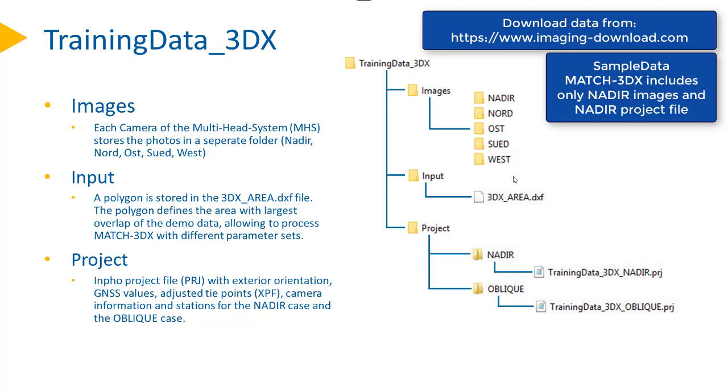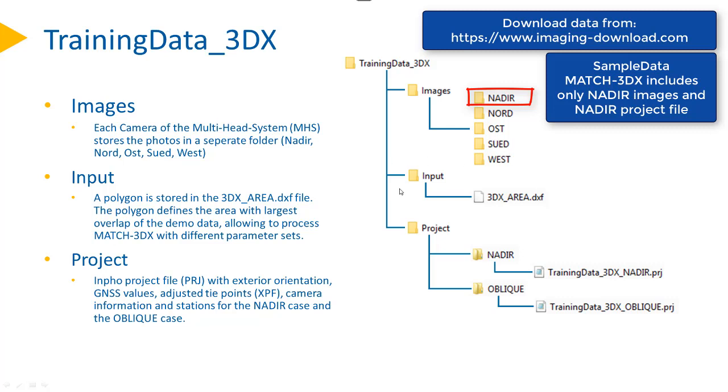The data structure from the demo data is looking this way. We have our images folder, and in the images folder we have for each camera, for the nadir camera, for the cameras looking to the north, to the east, to the south and to the west, each in separate subfolders.